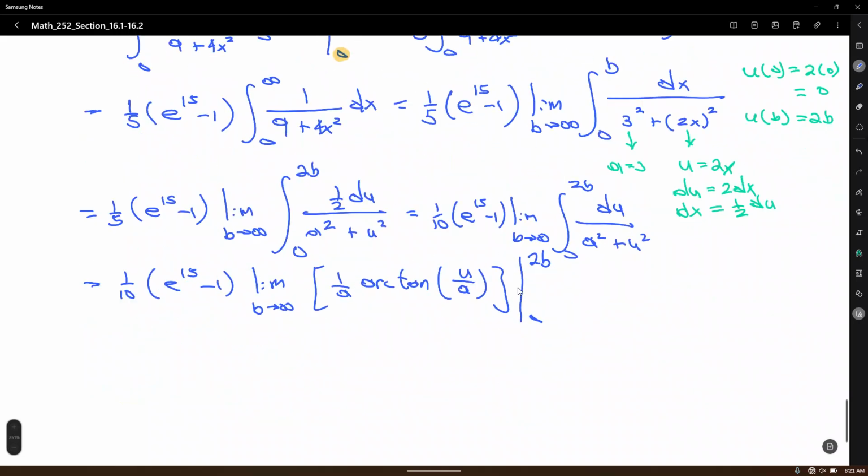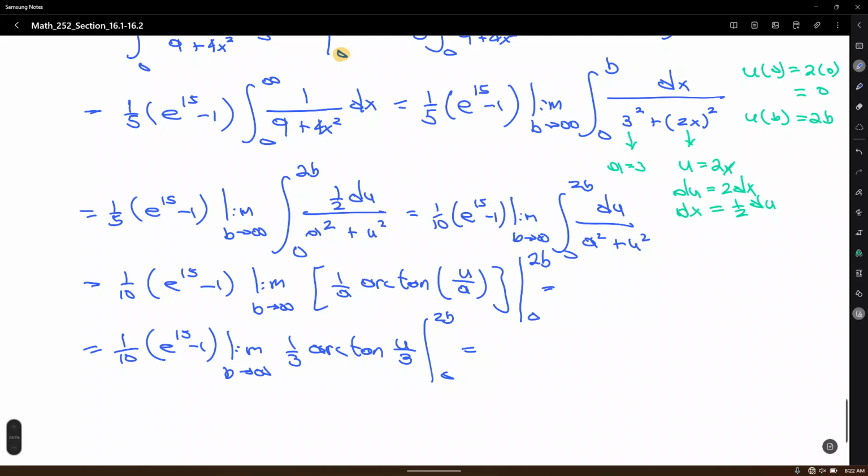So that is 1/10 e to the 15 minus 1, limit as b approaches infinity of 1 over a, that is 1/3, arctan of u over a, which is 3, where we integrate between 0 and 2b.